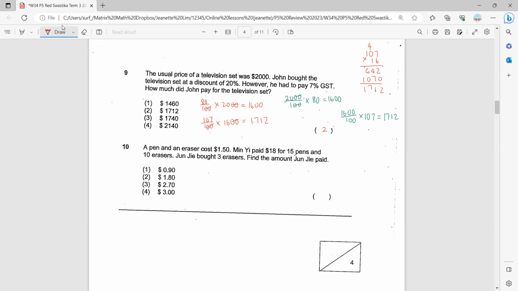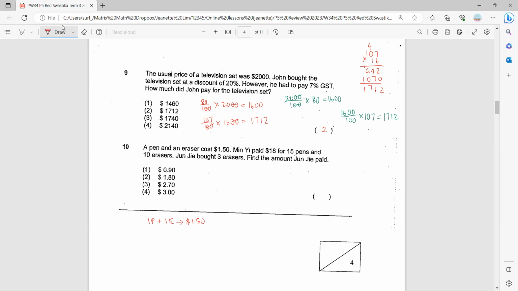Question 10. A pen and an eraser cost $1.50. Min Yi paid $18 for 15 pens and 10 erasers. Junjie bought 3 erasers. Find the amount Junjie paid. Okay, so let's write down. First, 1 pen plus 1 eraser is $1.50.